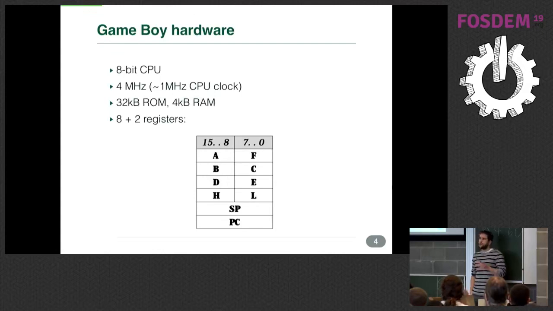There are another 4 kilobytes, but that is hosted in the cartridge and depends on the functionality of the cartridge that you're using. There are 8 registers, A to F. Some of them you can combine and use in a 16-bit way, but they're actually all 8 bits, except the program counter and the stack pointer.